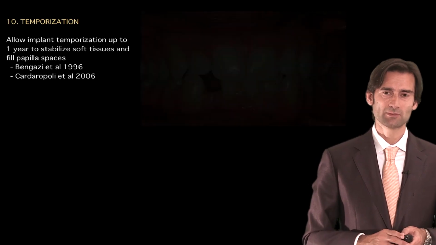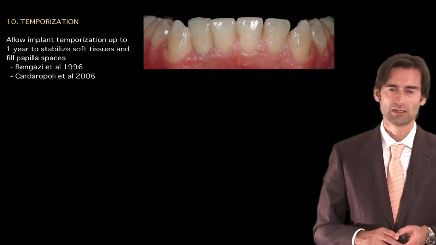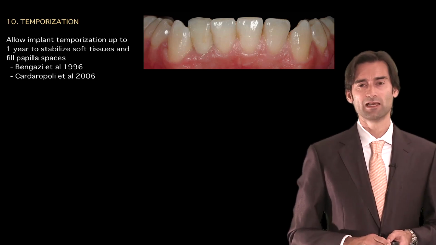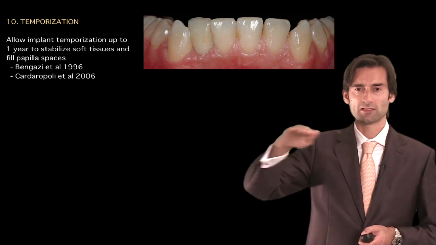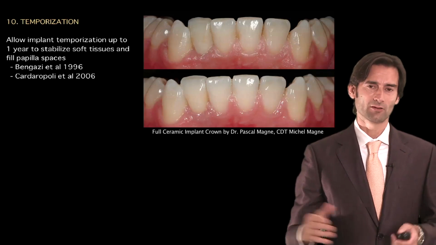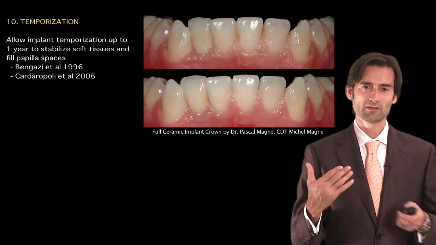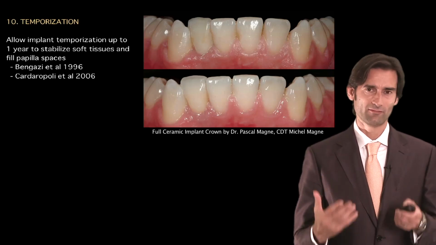And you can see that here in this particular patient. This was the single tooth temporary, very beautifully done here. And this one we left in place for 6 months, and you can see how the soft tissue margin in this lower anterior is almost perfect. And this is the final, which was done by the brothers Pascal and Michel Magne. And you can see that, first of all, the ceramic is beautiful, but also the soft tissue margin is very well developed.